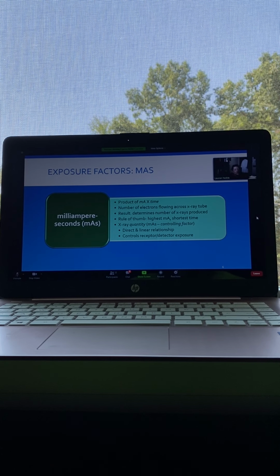Right, you want to decrease the chances of patient motion. Right, exactly. Of course, with our equipment, since most of these nowadays are falling load generators, the unit is deciding the MA and time behind the scenes. But the unit typically will start at the highest MA so that the shortest time can be used.